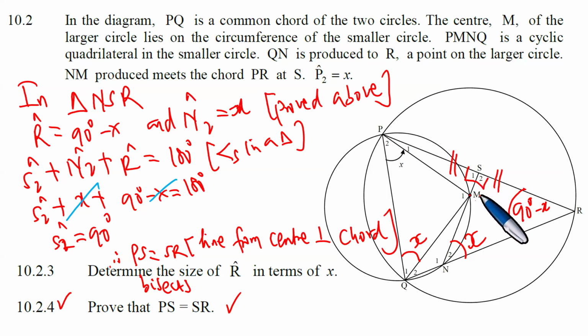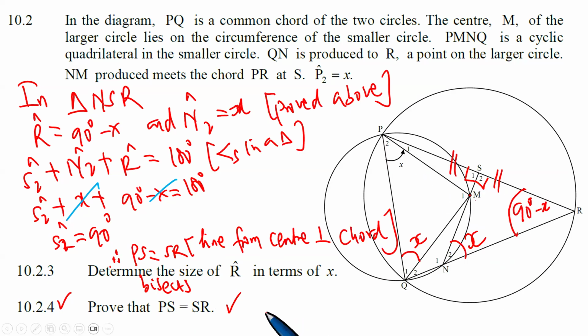This is it. M is the center, and therefore the line from center perpendicular to chord bisects the chord. This theorem is from grade 11. It is used in matric as well. So we have proven by these that PS is equal to SR.